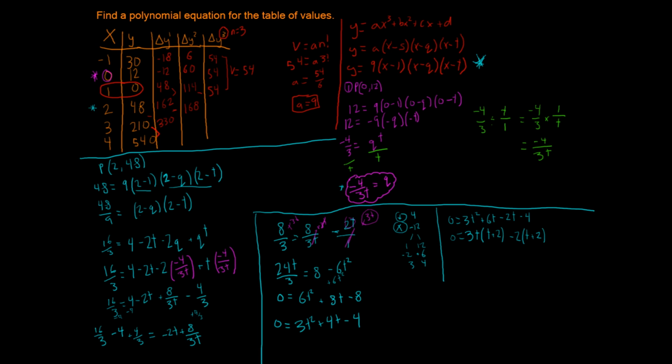So then we got 0 equals 3t minus 2, and we've got t plus 2. So now we've got two other roots, because t is really just x. This is just in factored form. We chose the variable t, but really these are just our roots.